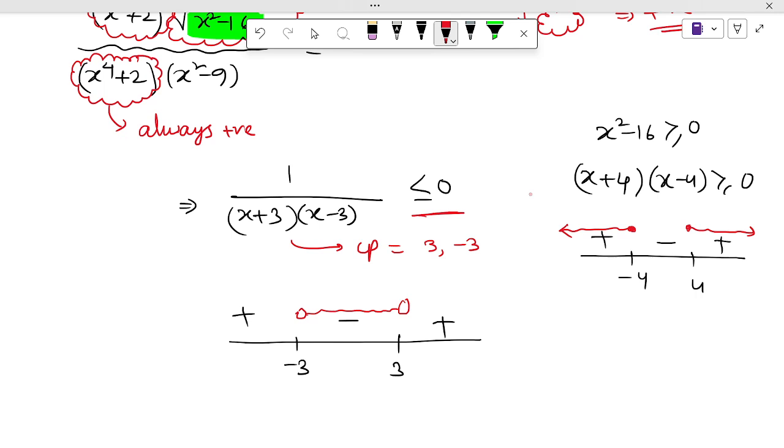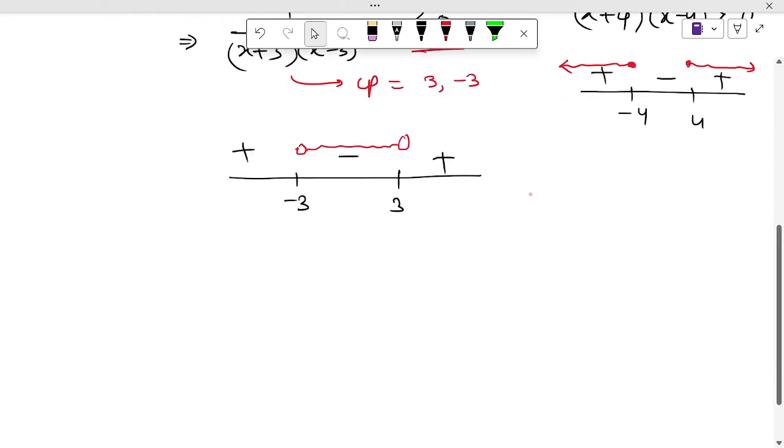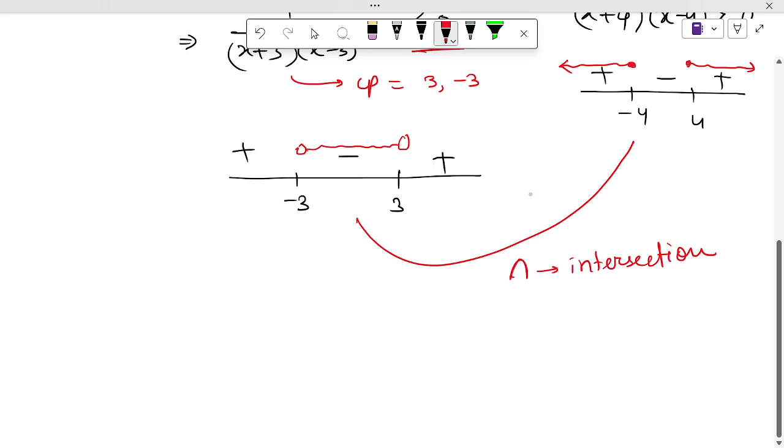Now what we need to do is take the intersection of both solutions.